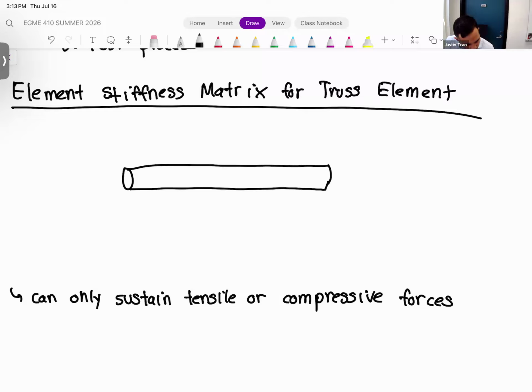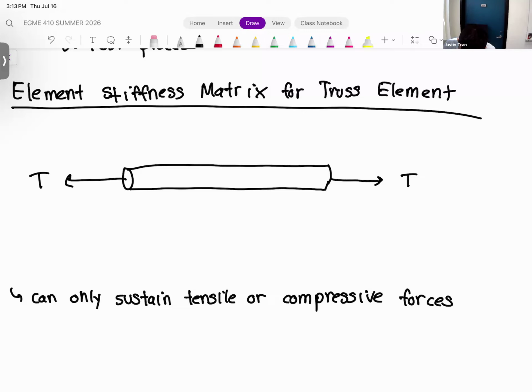To derive our element stiffness matrix, we are going to apply a tensile force on both ends, just like we did with the spring. We're applying an equal and opposite tensile force on both ends of the truss bar. And just like the spring, we're going to characterize this in terms of the deformations of the two ends.